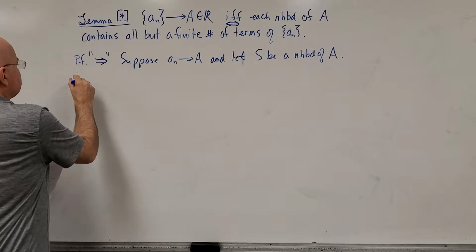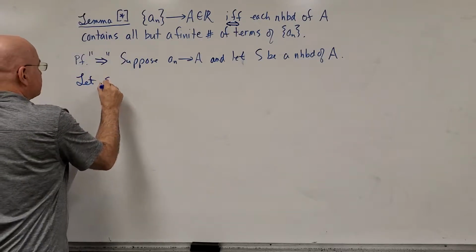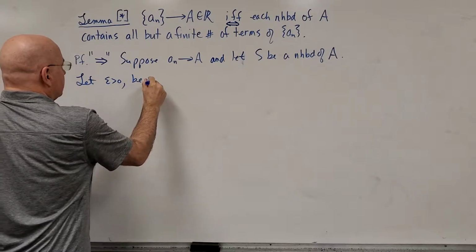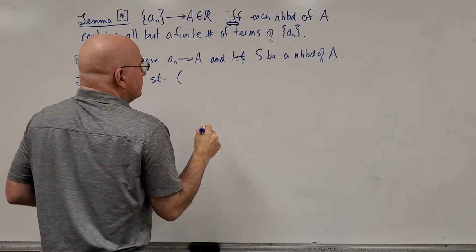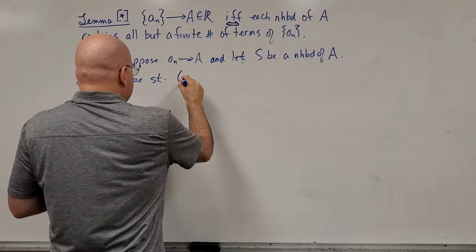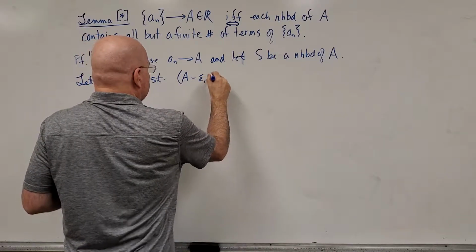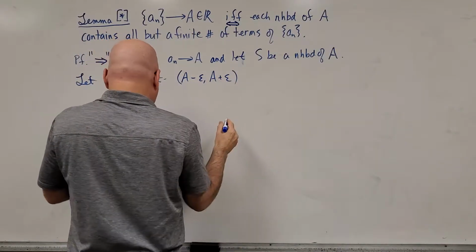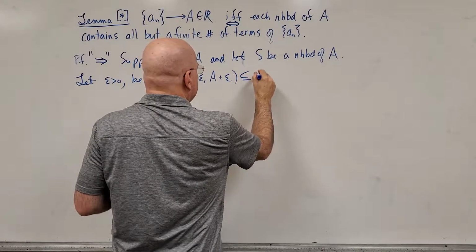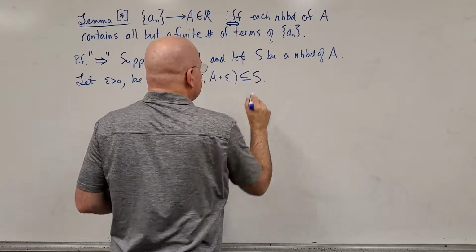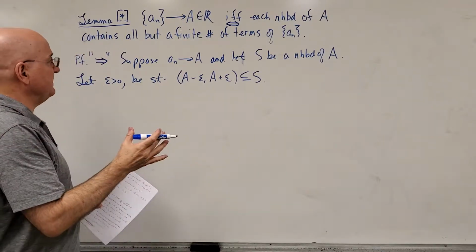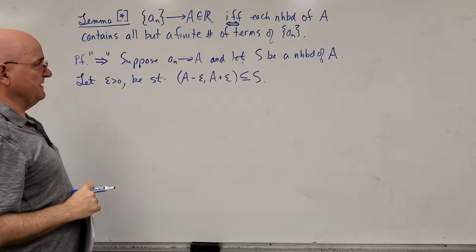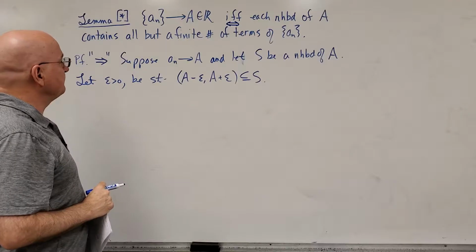All right, now let epsilon greater than 0 be such that the interval a minus epsilon to a plus epsilon is completely contained in S. That's based strictly on the definition of what it means to be a neighborhood.